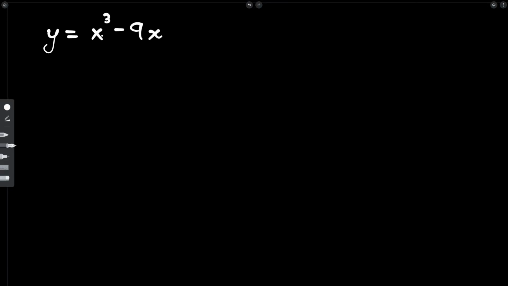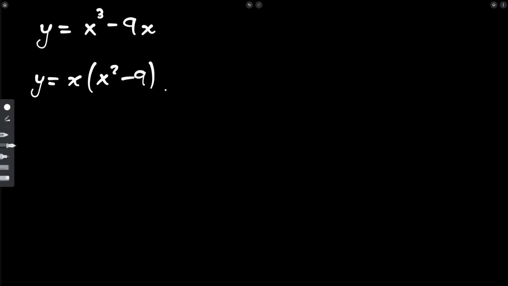Now, if we factor this out, to pull one x out, that'd be an x. And we can confirm this is correct by multiplying this x back into the parentheses. That'll give us x cubed minus 9x, which is exactly what we had before.